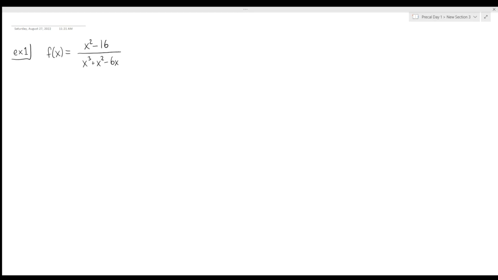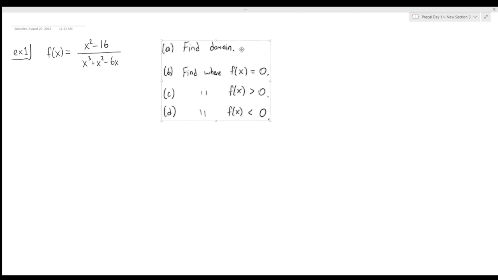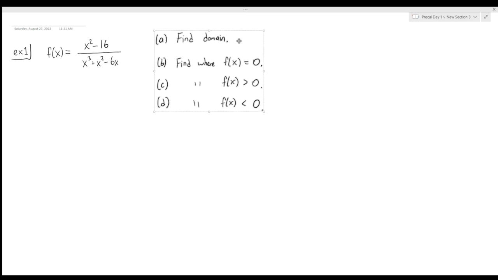And we're going to do the same thing that we did before, where we're going to find the domain, whether it's equal to 0, where it's positive, and where it's negative.